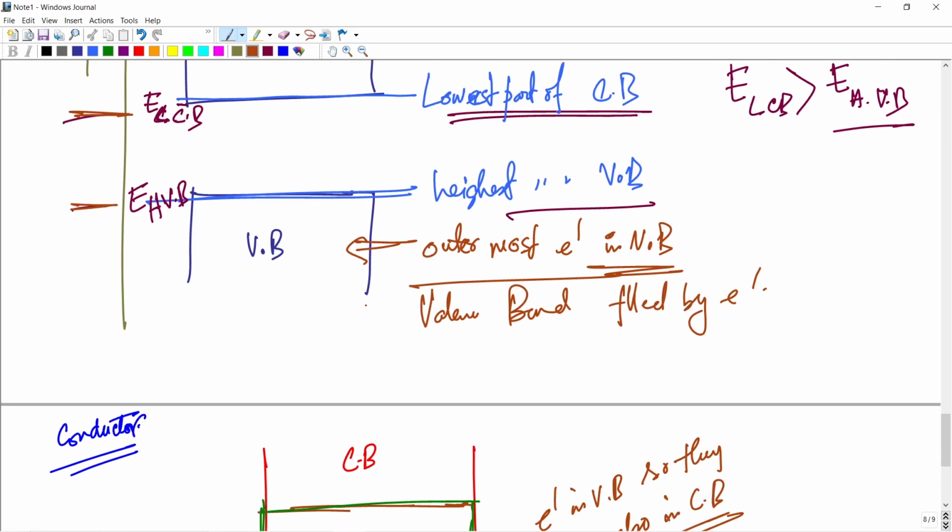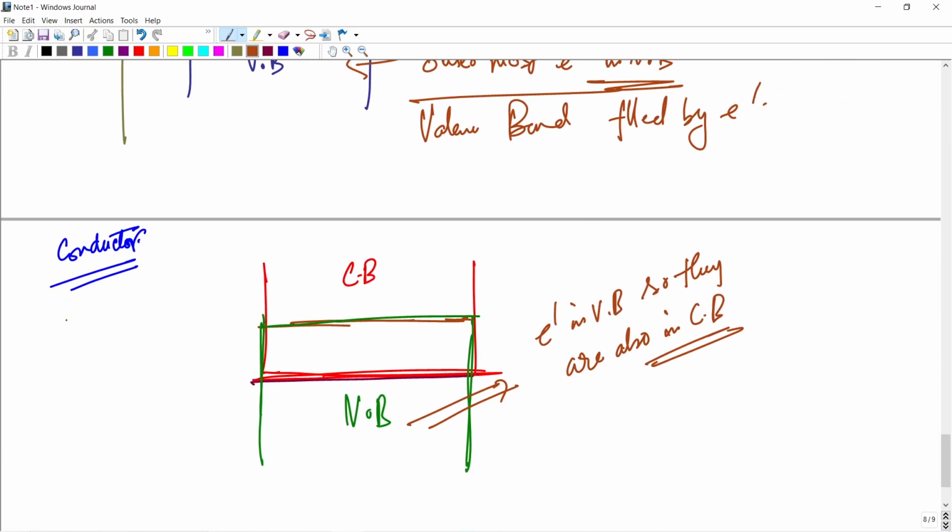But in the case of a conductor or metal, we see that valence band electrons are always in the conduction band, because the highest part of the valence band is higher than the lowest part of the conduction band. That's why there is a band of overlap, so electrons in the valence band are also in the conduction band. That's the basic idea.